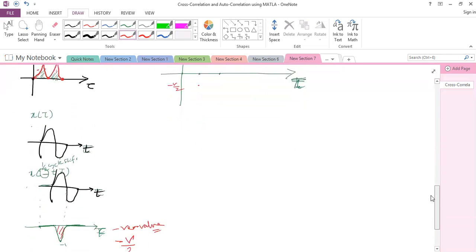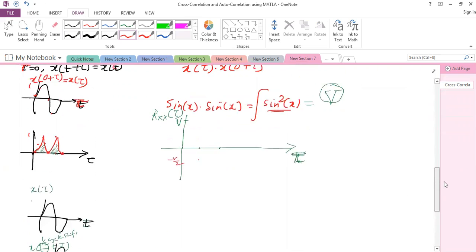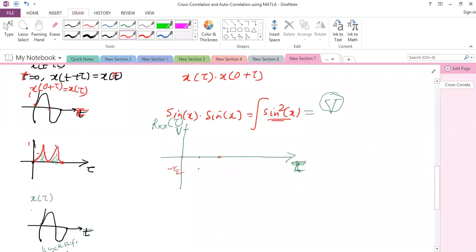Now, if we shift the second signal to full cycle, there will be no overlap. So it will be 0, and any further shift will give you 0 overlapping, and therefore the integration value will be 0. Okay. Now we can interpolate these values and complete this.